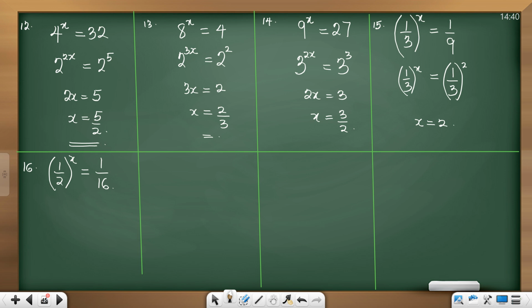I think I can write 16 as 2, right? Because it's a 2. So this is 1, and that's 2 to the power 4. Since the bases are now equal, I can equate the powers. Oh, not bad at all.